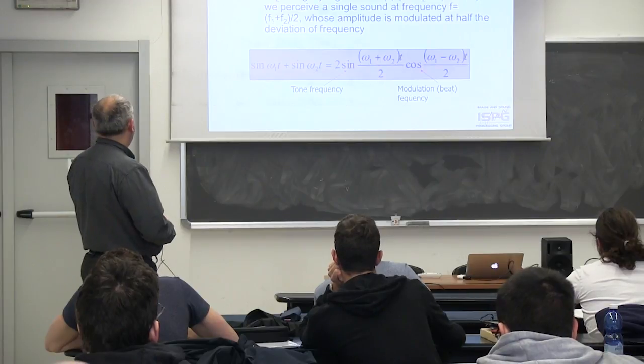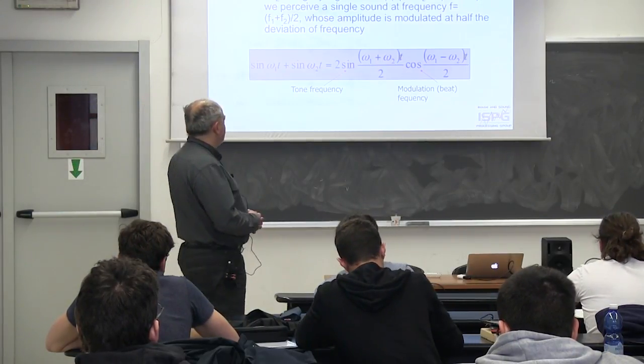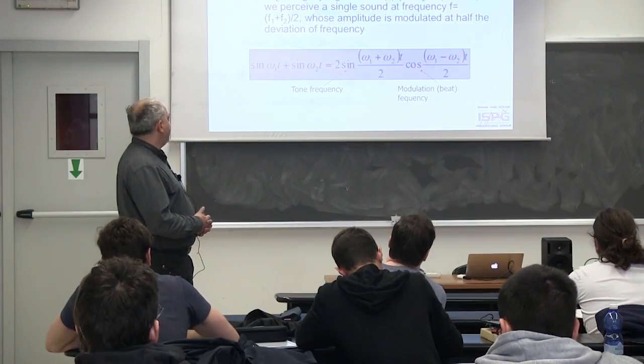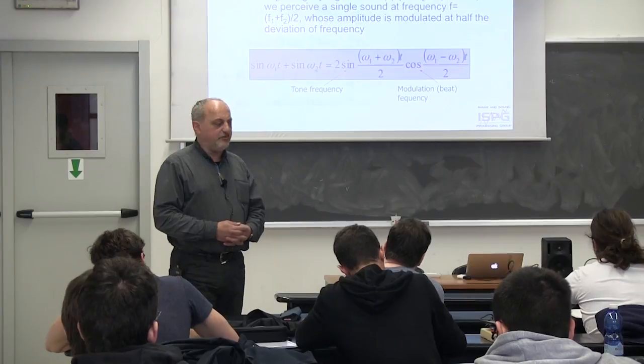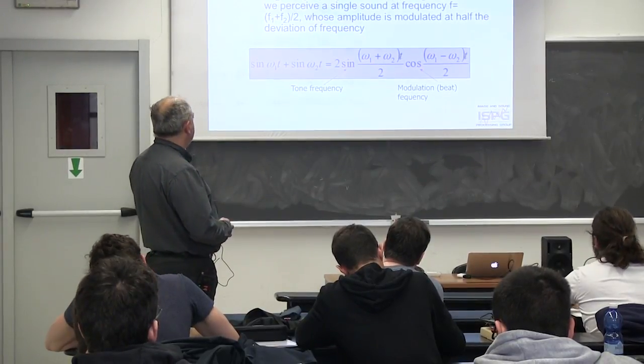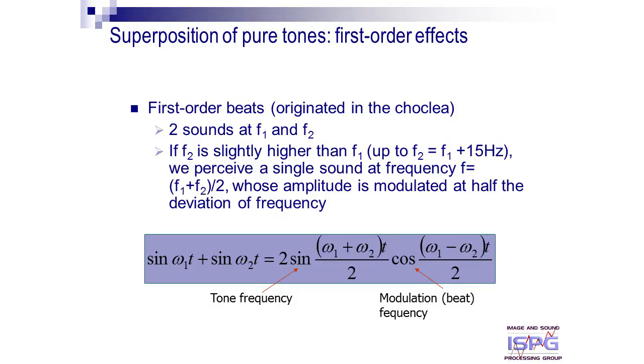Now, if you try that, you will perceive a single sound at a frequency f equal to (f1 + f2)/2, the average between the two, which is modulated at a frequency (f1 - f2)/2. Now, why is that?